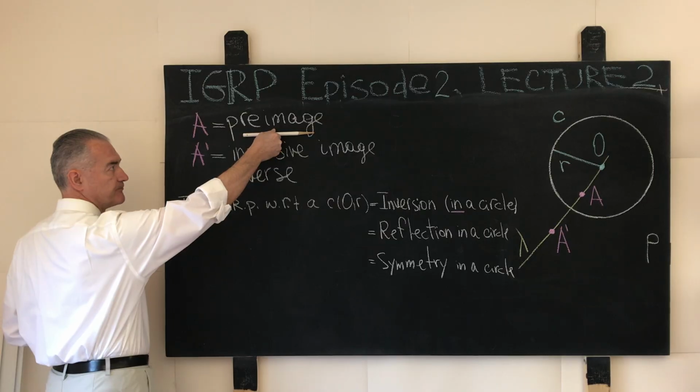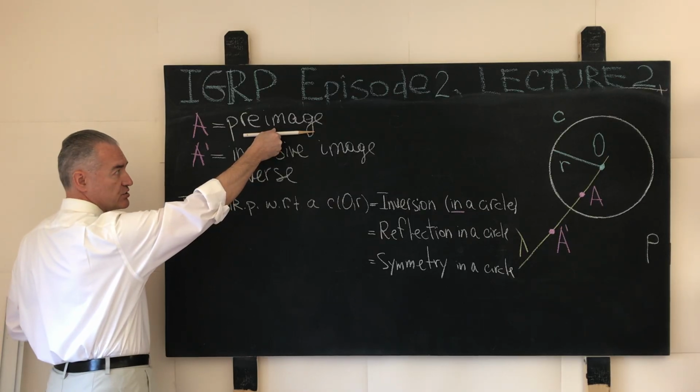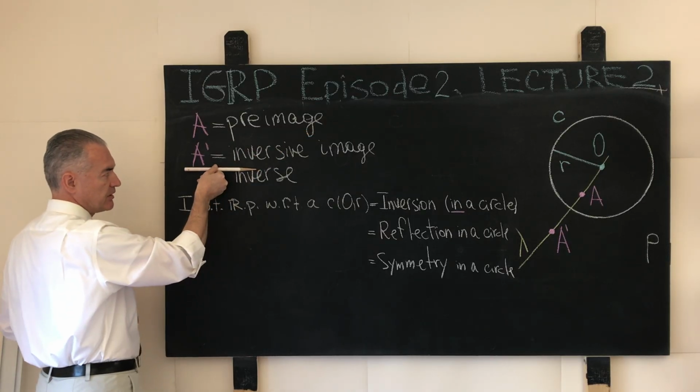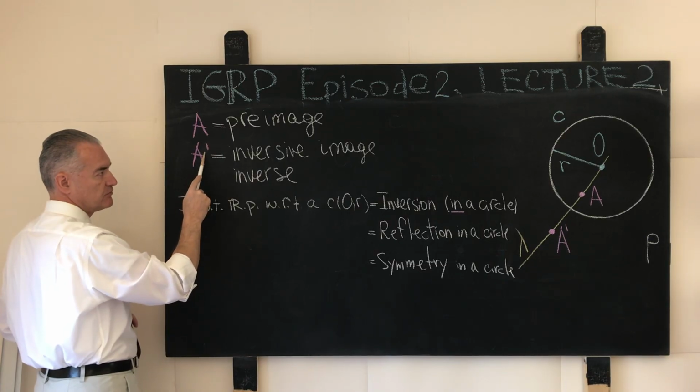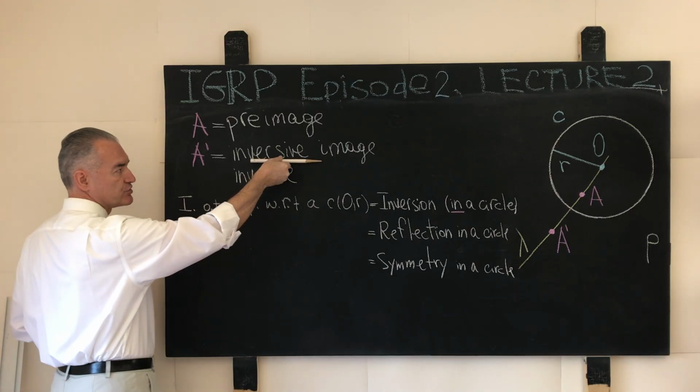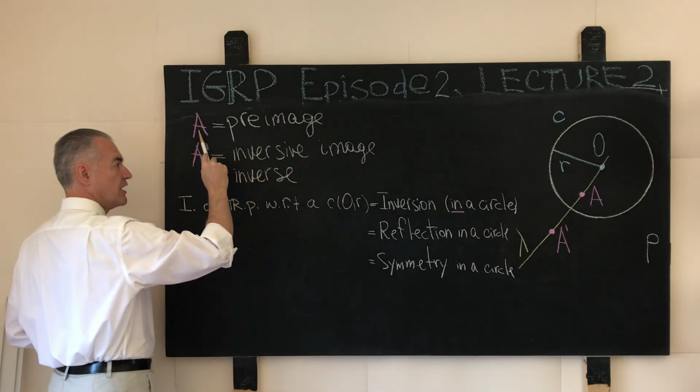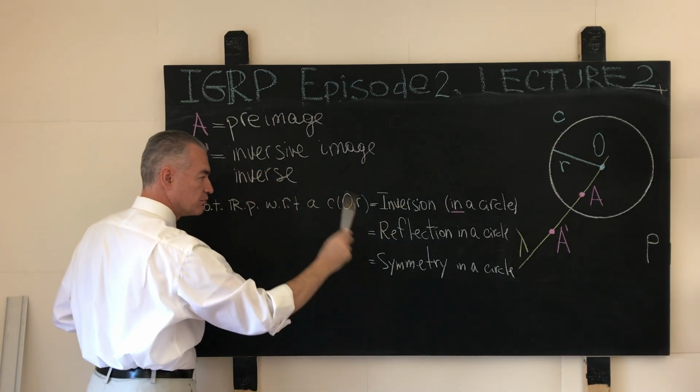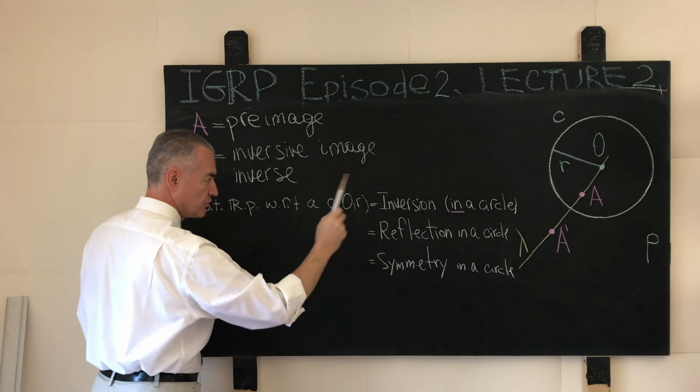It is called the pre-image. The corresponding point A prime is officially called the inverse image of the point A under the inversion of the plane with respect to a circle, and on and on and on.